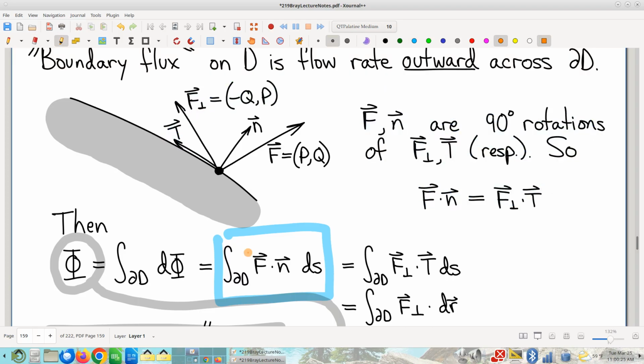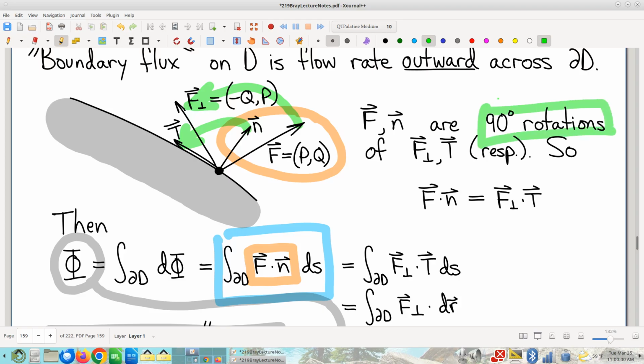The big idea is to notice that F dot n, the dot product of these two vectors, is unaffected by rotating both vectors 90 degrees counterclockwise.